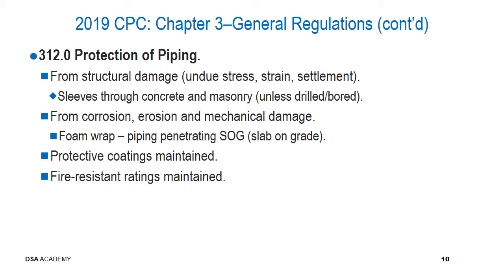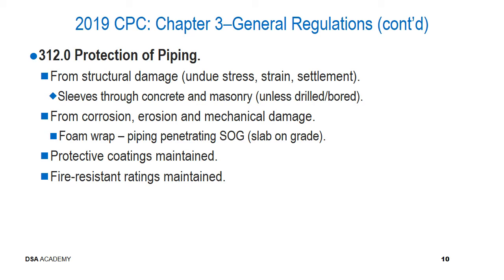Another piping protection that must be employed is protecting the piping from corrosion, erosion, and mechanical damage. Generally, this is accomplished with foam wrap that is wrapped around piping that penetrates the concrete.